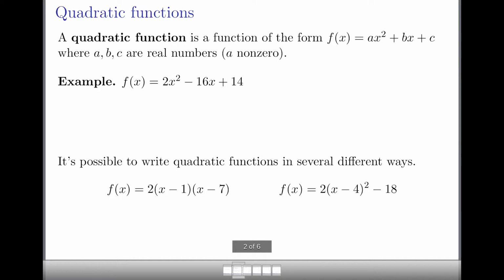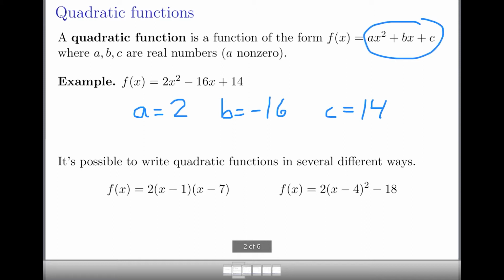And for the purpose of this video, we're only going to look at one example. We're just going to look at it in a lot of different ways. The example we're looking at is f of x equals 2x squared minus 16x plus 14. For reference, we're thinking of a being equal to 2, b being equal to negative 16, and c equal to 14 in terms of the formula up here.